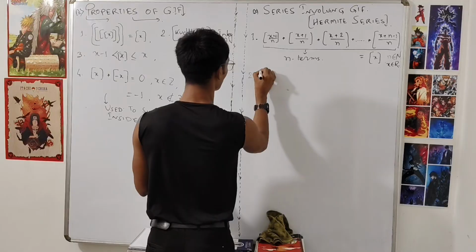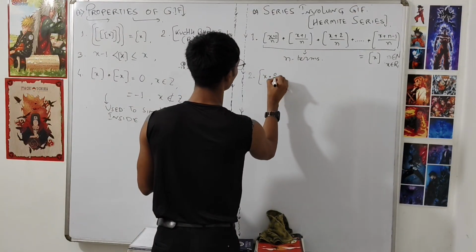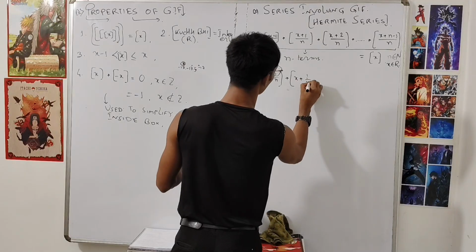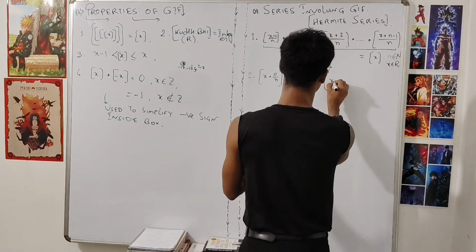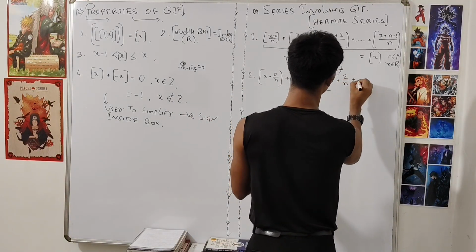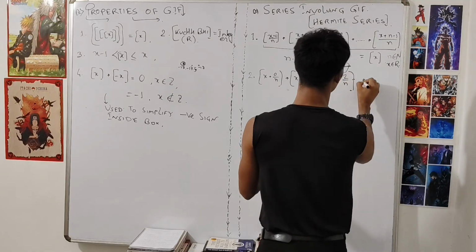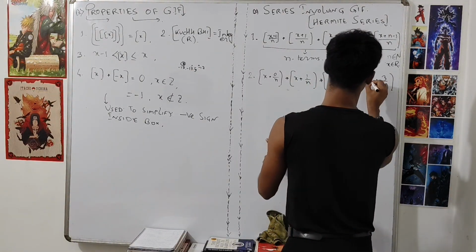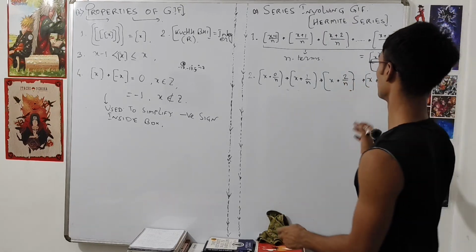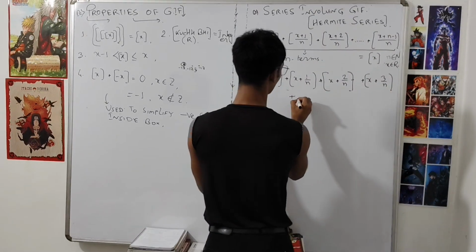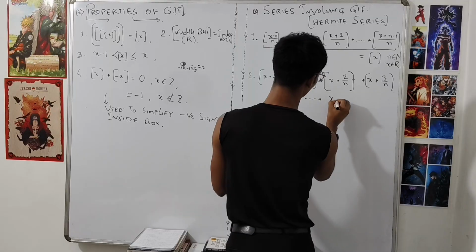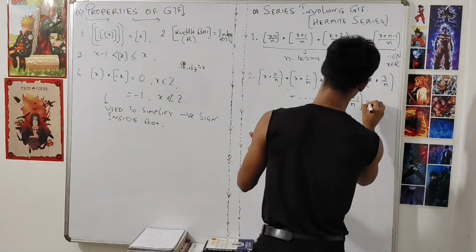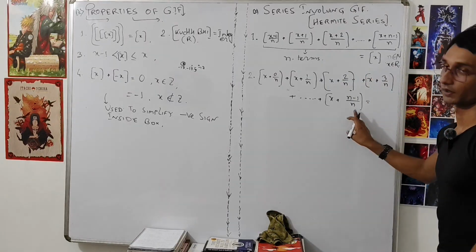Okay, so second one is x plus 0 by n. Now x plus 1 by n, x plus 2 by n, plus x plus 3 by n. The second one is also starting from 0. Now dot dot dot x plus n minus 1 by n. So the last term here also is n minus 1.